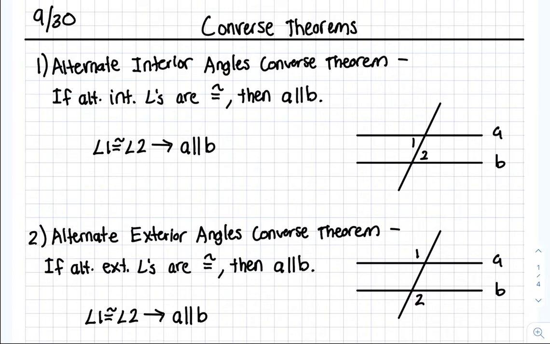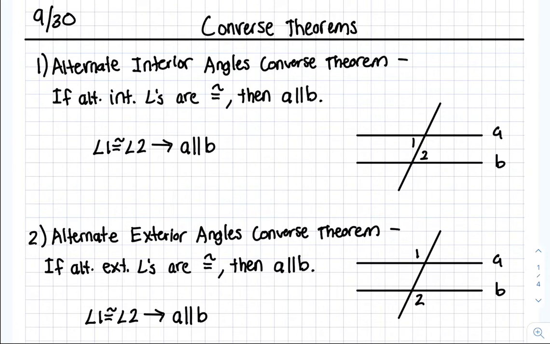But the converse is the reverse. If alternate interior angles are congruent first, then we can say A is parallel to B. So instead of having parallel lines first, we have the other statements first, and we can use these converse theorems to prove that the two lines are parallel to each other.